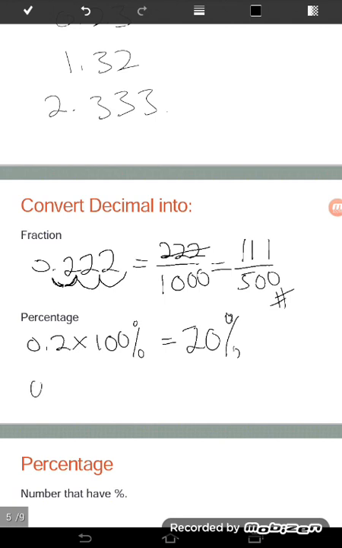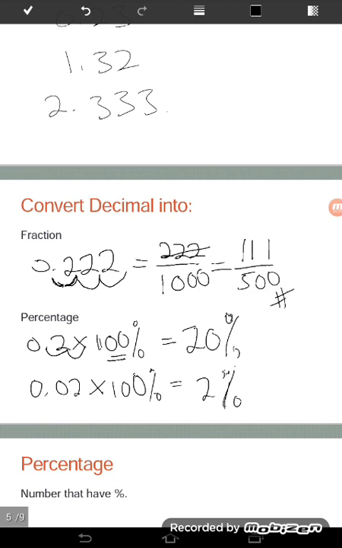How about 0.02? 0.02 times 100%, the answer is 2%. How to calculate it? Multiply by 100, which means you move the decimal point to the right 2 places, 1, 2.